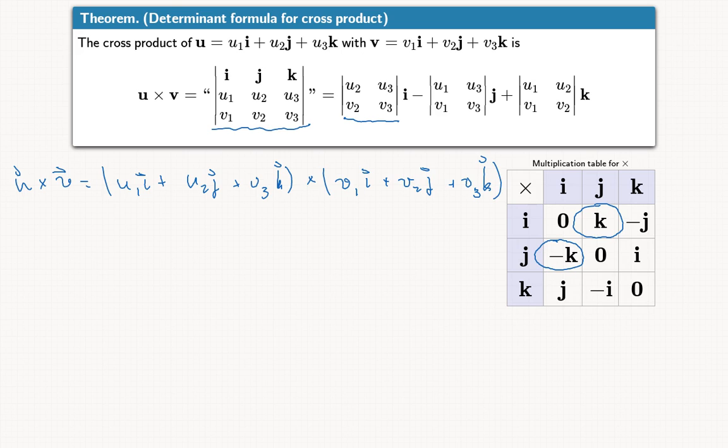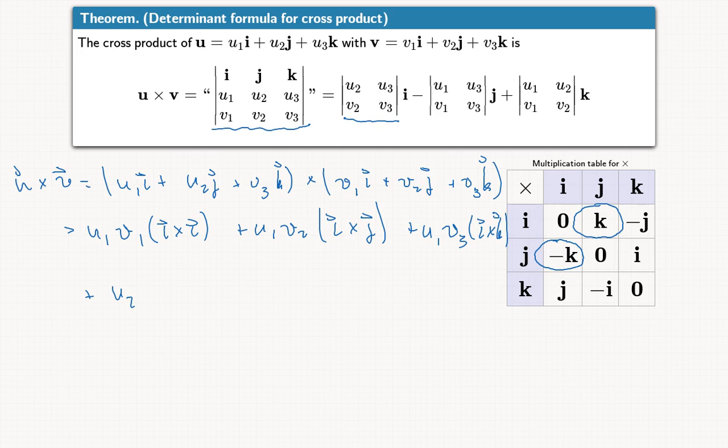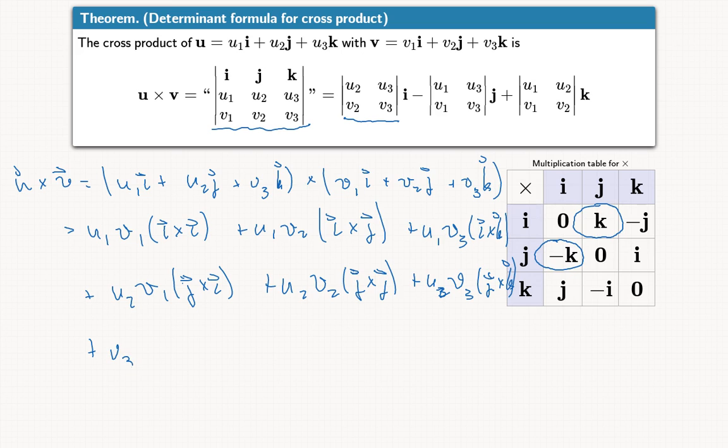So now we expand that out using the distributive property for the cross product, and we get u1 v1 i cross i plus u1 v2 i cross j plus u1 v3 i cross k, and then plus u2 v1 j cross i plus u2 v2 j cross j plus u2 v3 j cross k plus, and then finally, u3 v1 k cross i plus u3 v2 k cross j plus u3 v3 k cross k.